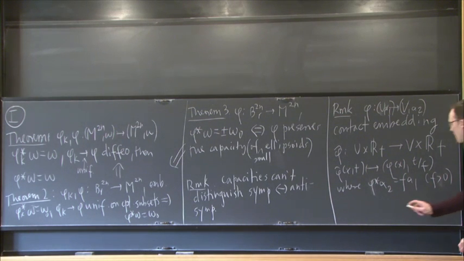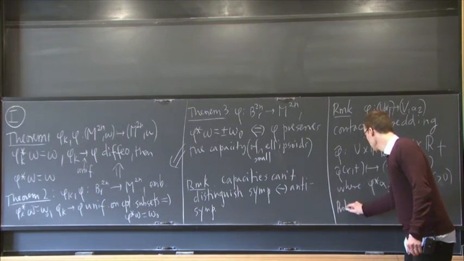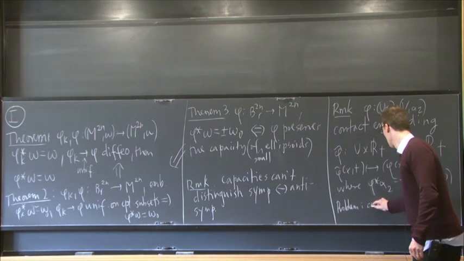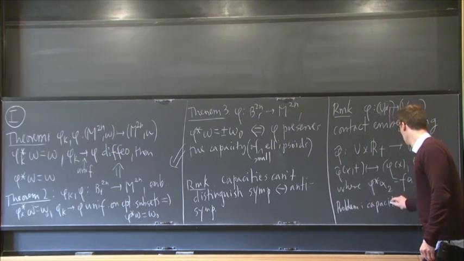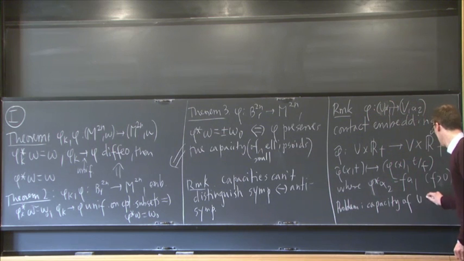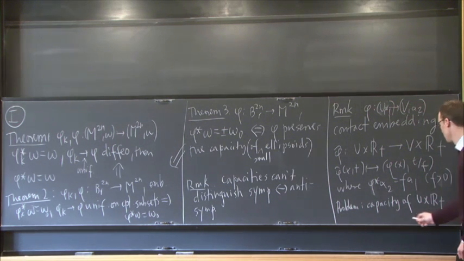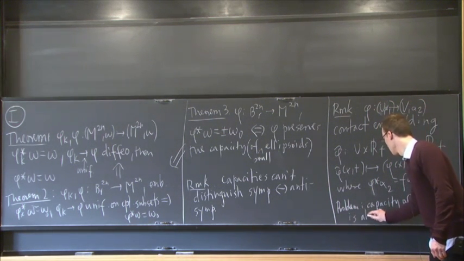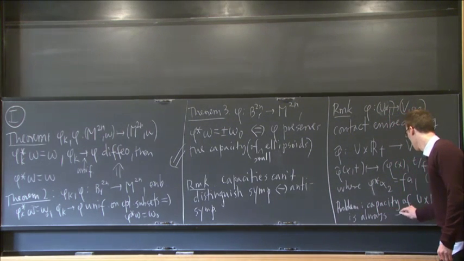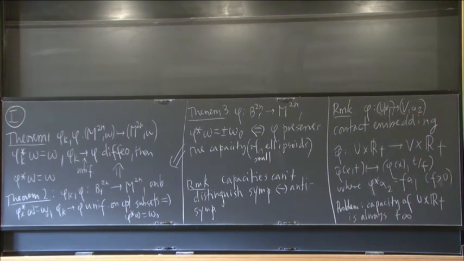The problem, however, is that the capacity is always infinite. It's actually not too difficult to see because you can just rescale the R plus factor.